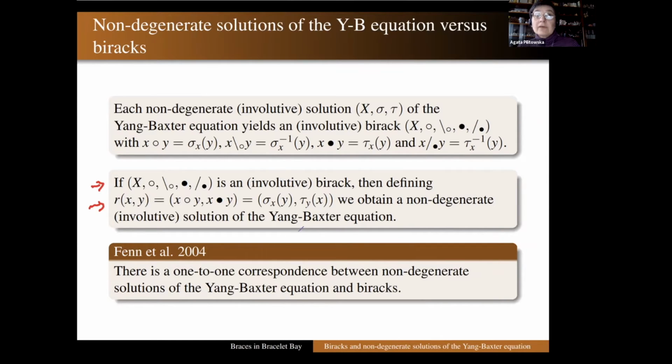So we have the result formulated by Fan that there is a one-to-one correspondence between non-degenerate solutions of the Yang-Baxter equation and Biracks. Additionally, if a solution is involutive, then the corresponding Birack is of course involutive, and vice versa.